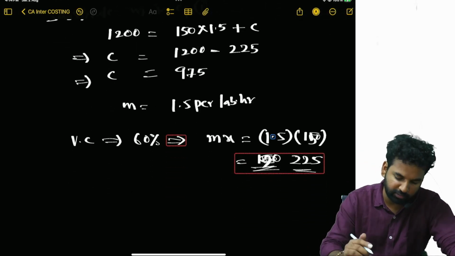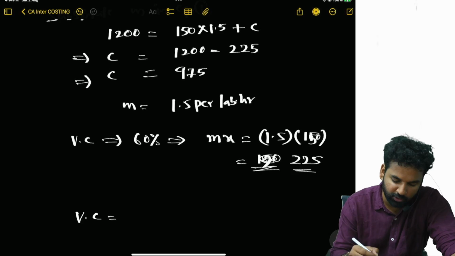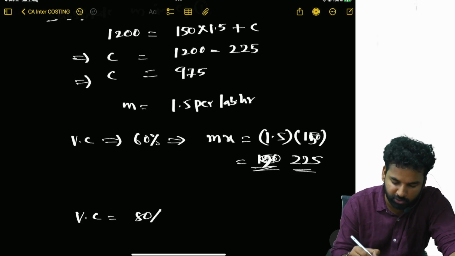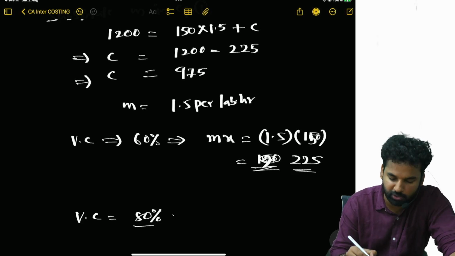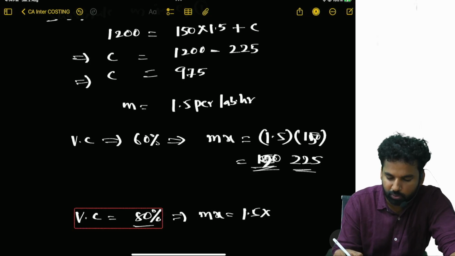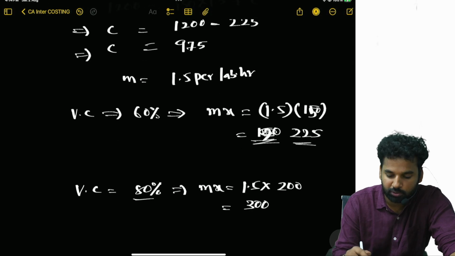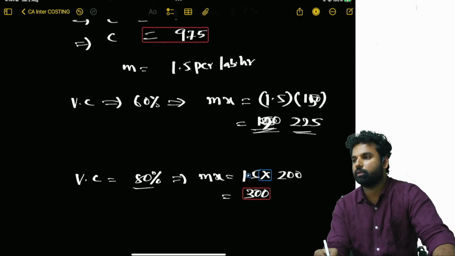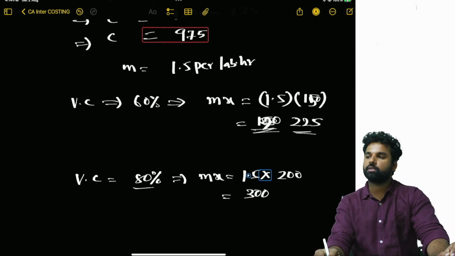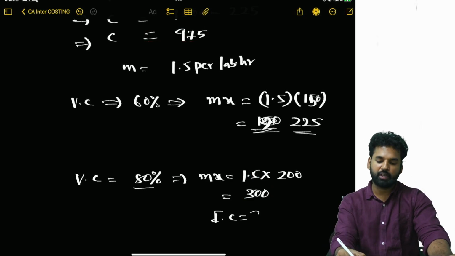In the same way, in the next equation, at 80% capacity, mx is equal to 1.5 into 200, which is equal to 300. So variable cost is 300 plus fixed cost 975.